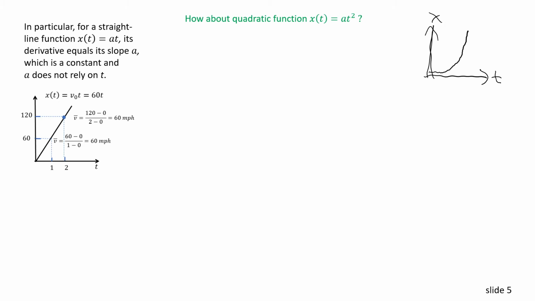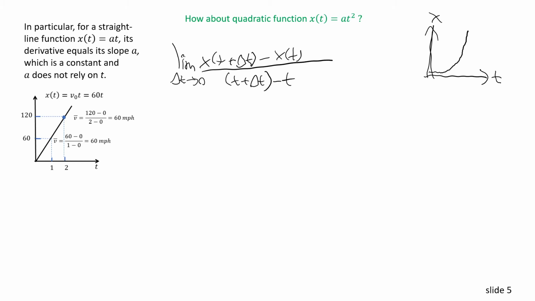Now let's find the derivative of this guy, which is the limit as delta t goes to 0 of x(t plus delta t) minus x(t), divided by t plus delta t minus t.